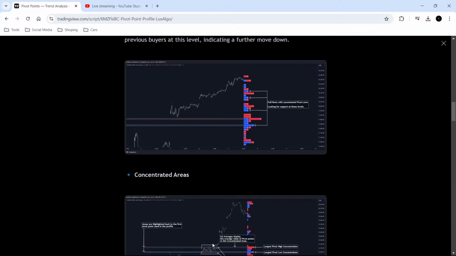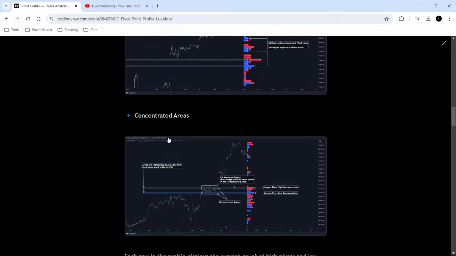So yeah, this is what I was talking about. We have to separate the liquidity sweep from the break of structure, because I think the break of structure is best defined as a candle closing below this point of interest.